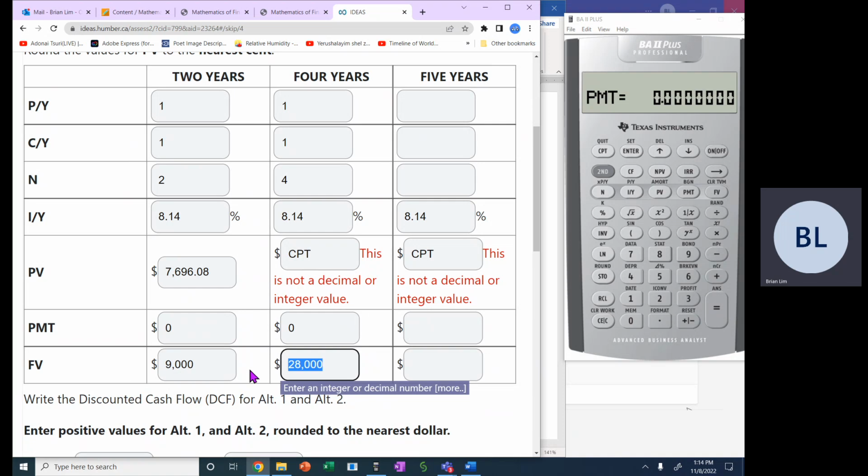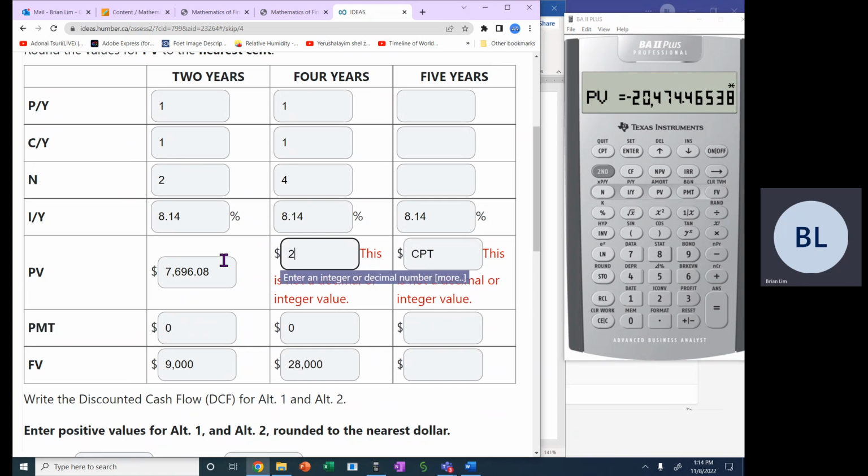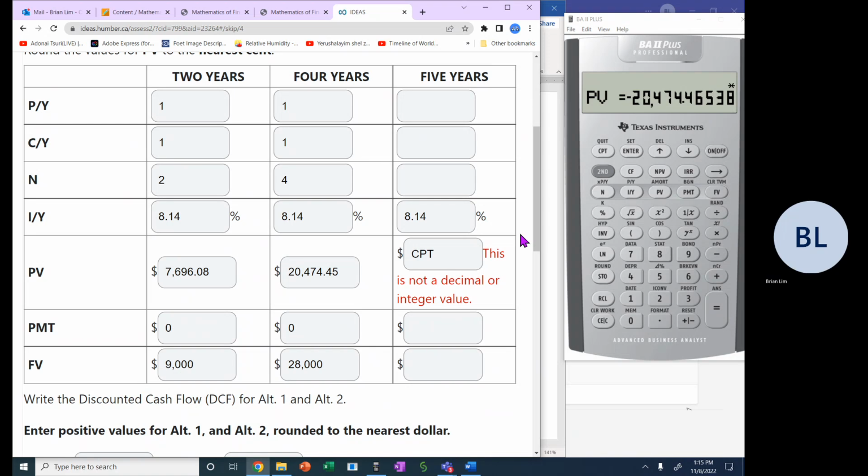But the future value will change. It is now 28,000. We compute the present value for that number, and that turns out to be $20,474.45 if we round it to 2 decimal places.